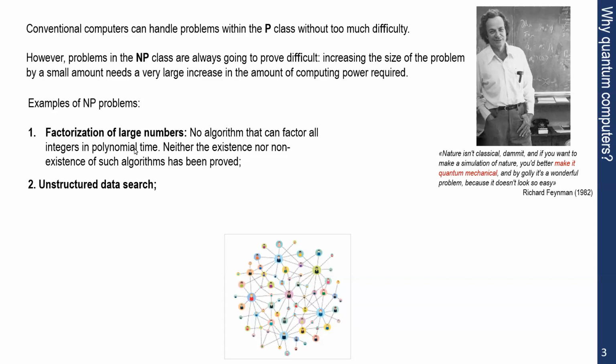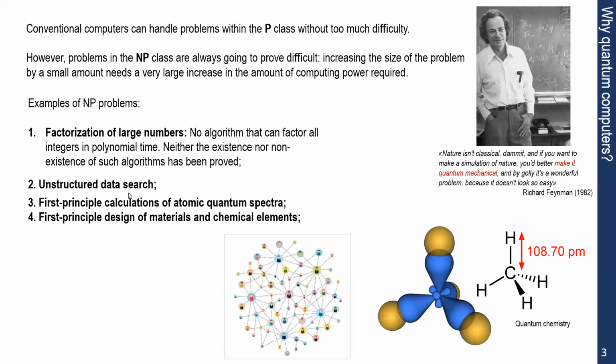Factorizing large numbers can be solved by Shor's algorithm. Unstructured data search is Grover's algorithm. Then there are first-principle calculations of atomic spectra, chemical elements, etc. So a large number of non-polynomial problems can be solved by a quantum computer.